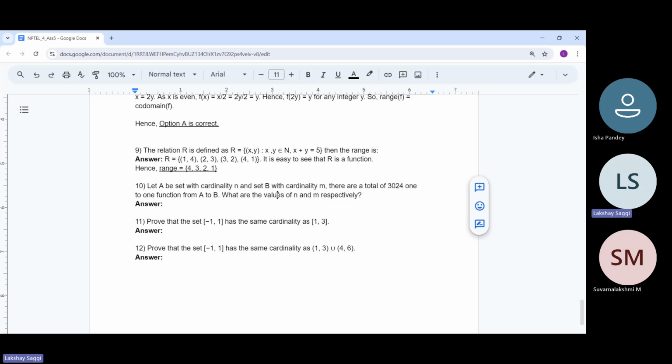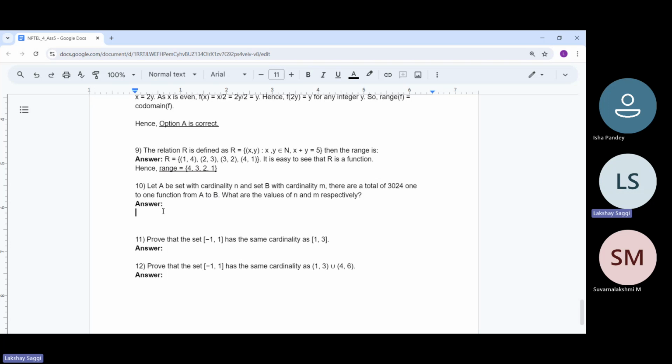Note that before finding out these values for n and m, we'll need to find a general formula: if A is a set with cardinality n and B is a set with cardinality m, how many total possible one-to-one functions are possible from A to B? We know that this number is equal to 3024, but in terms of n and m, what will be the formula?